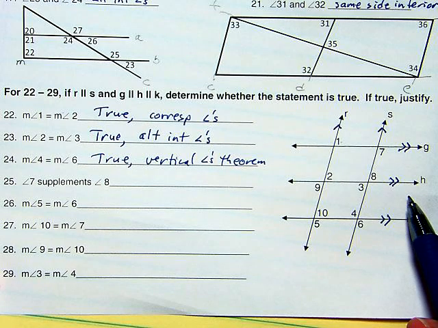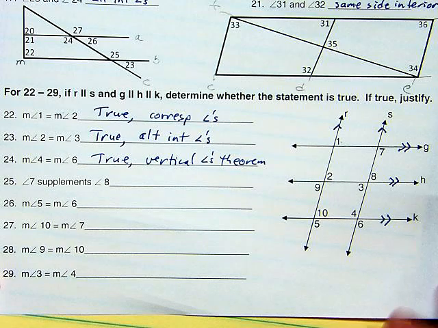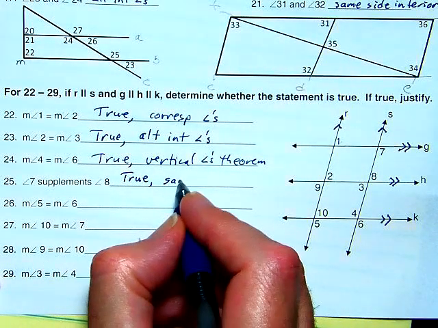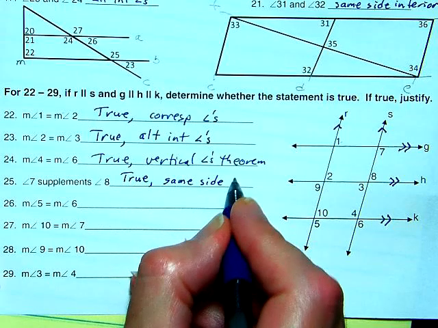And are they on the same side of the transversal S? Indeed they are, yes. So they are same side interior angles. And we already know that same side interior angles are supplementary. So this is true because they are same side interior angles.